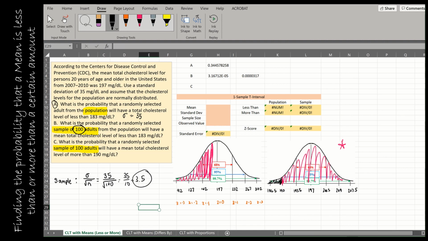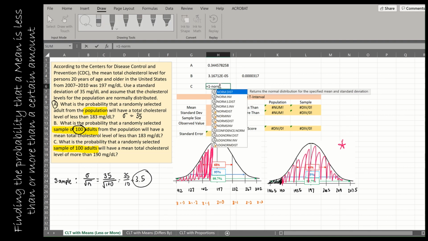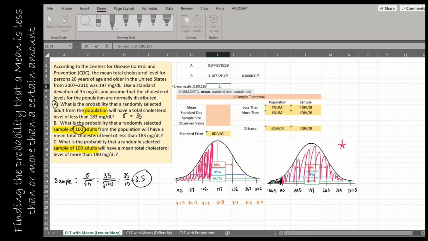So whenever I'm doing a more than question, just like last week, I'm going to have to put 1 minus. So it's 1 minus norm dist, and it's 190, comma, mean 197, comma, standard deviation 35 divided by the square root of 100, and cumulative.